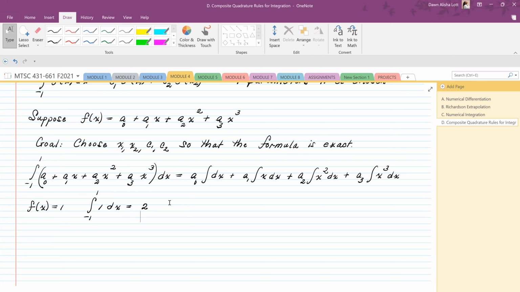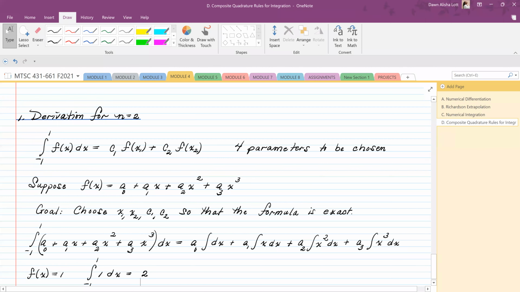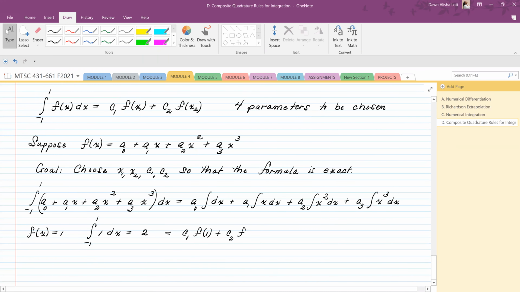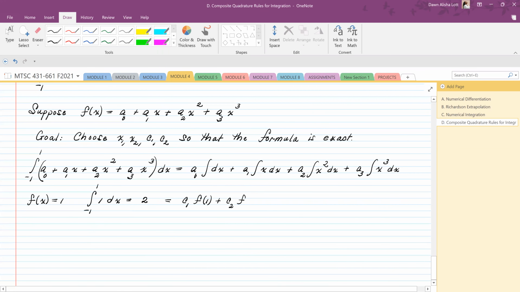But if I go back to the formula, that has to equal c1 f of x1 plus c2 f of x2.